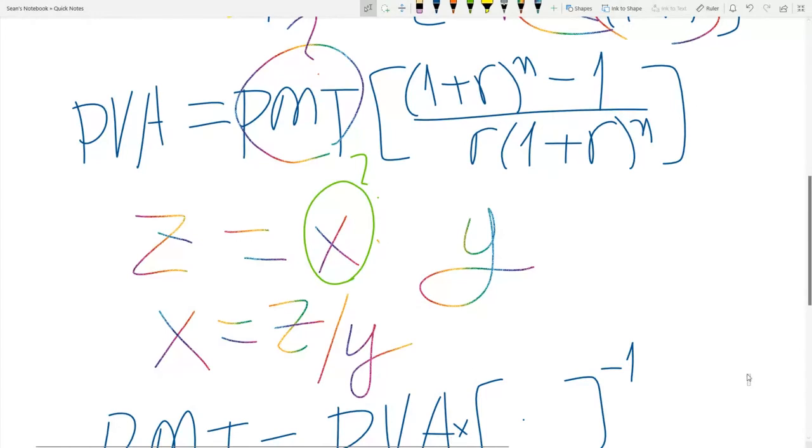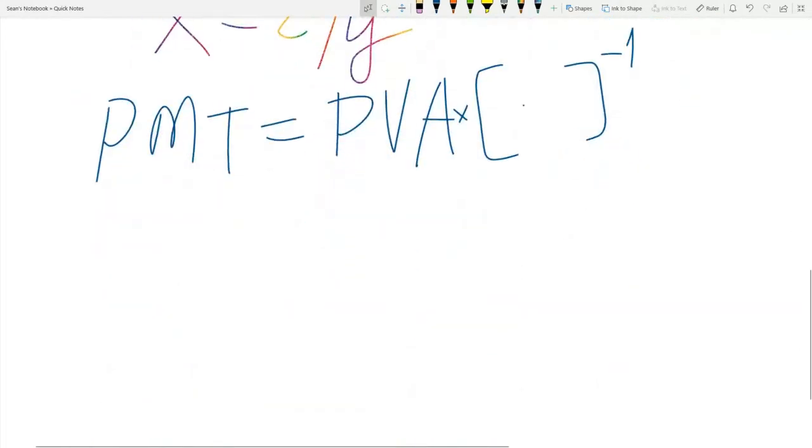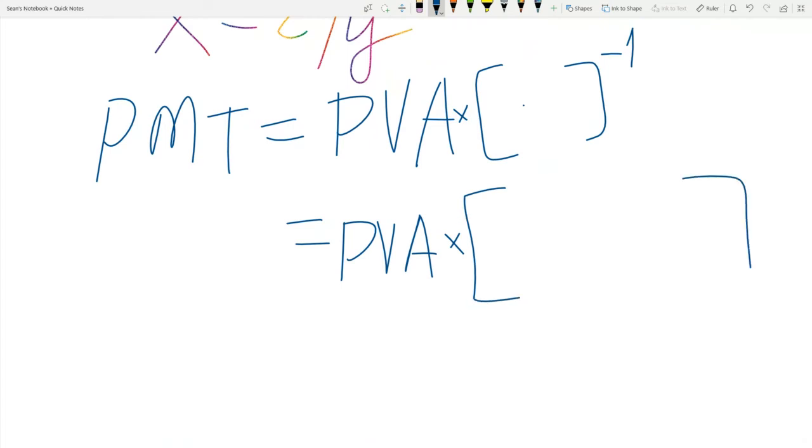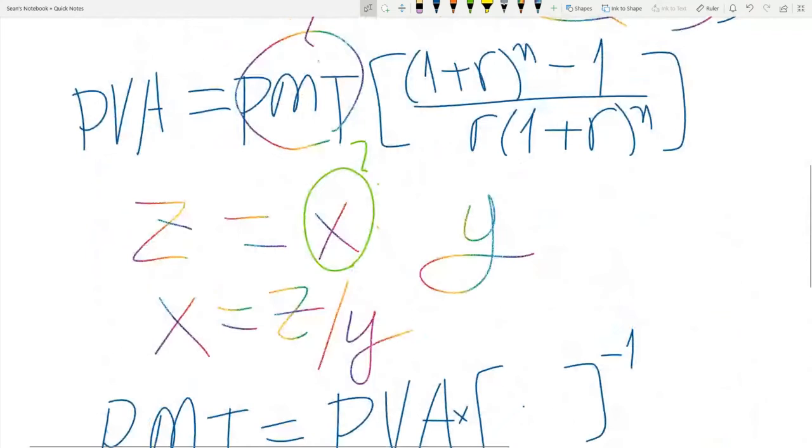And we multiply it by the reciprocal of that. The reciprocal will be, I'll have to use a finger to move it, so it's going to be PVA times r times 1 plus r raised to the n, over 1 plus r raised to n minus 1, right?